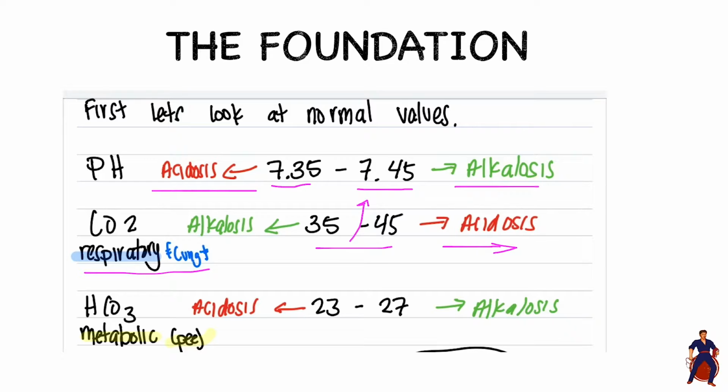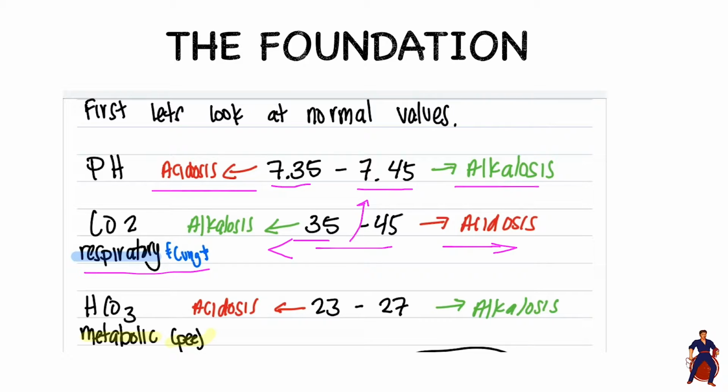CO2 is slightly acidic, so if we're retaining CO2, we're increasing the level of acids in our body, which decreases our pH. But we'll get more into that later on. On the lower end, if we're losing our CO2 or blowing it off, we're becoming alkalotic, so anything below 35 is alkalotic.